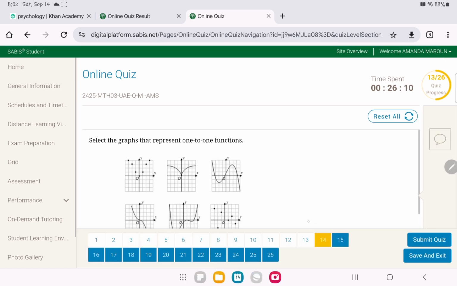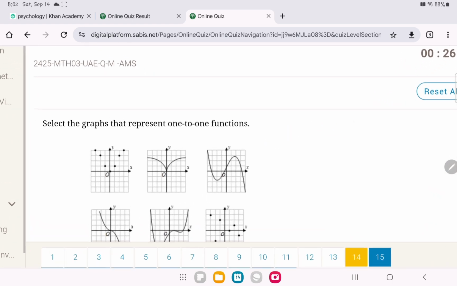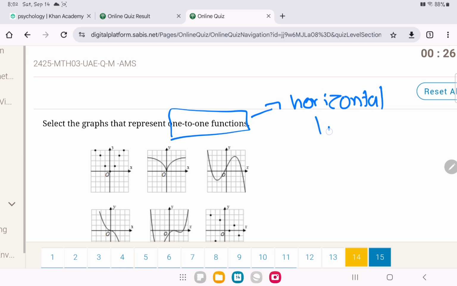Again, question number 13 is not coming in the exam, so we shouldn't know it too much. Select the graphs that represent one-to-one functions. For functions, we said we do the vertical line test, but for one-to-one we do the horizontal line test. So let's do the horizontal line test on each and every one.